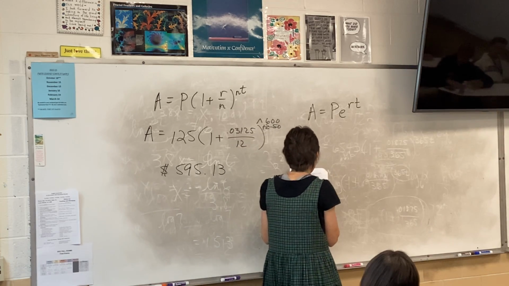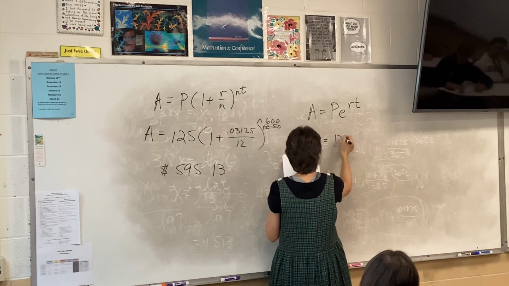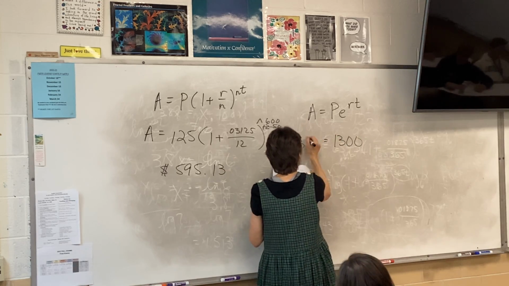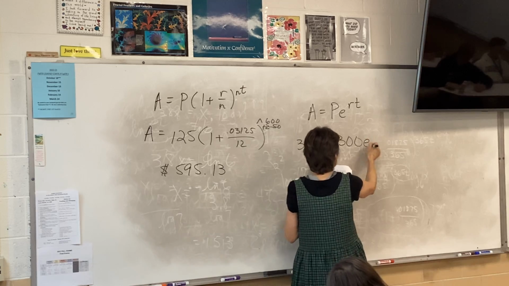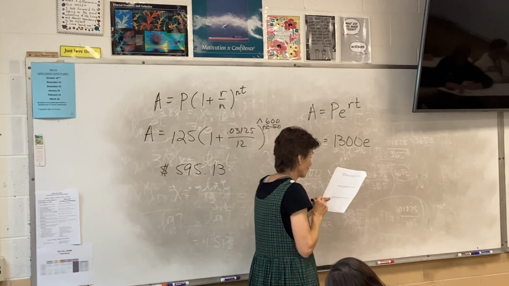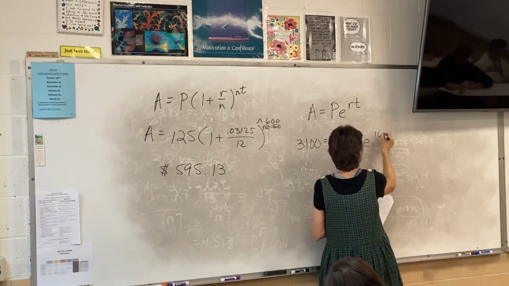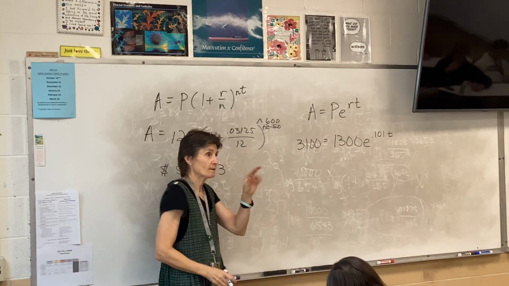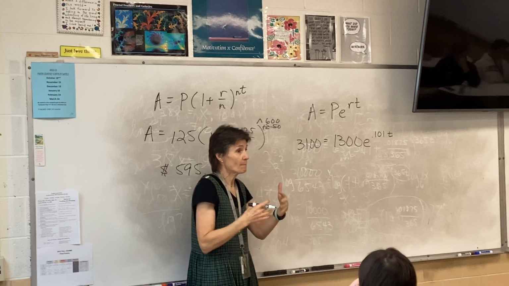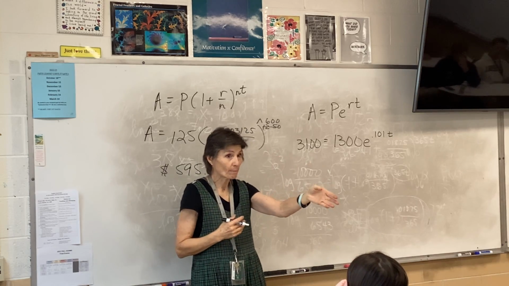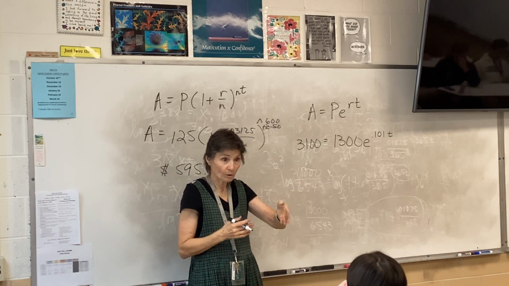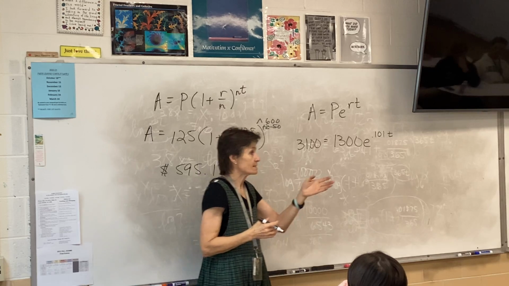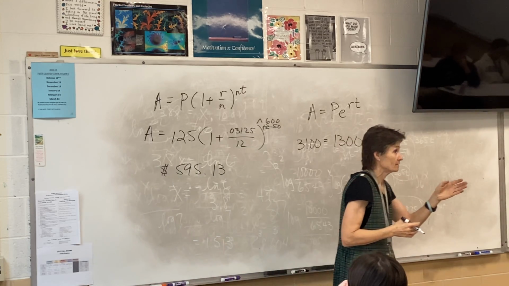All right, so what do I know? I start out with 1,300 and end up with 3,100. My growth constant is 0.101. Here is a potential thing of confusion. This time I used the actual number they gave me. I used 0.101 because it's not a percent, right?